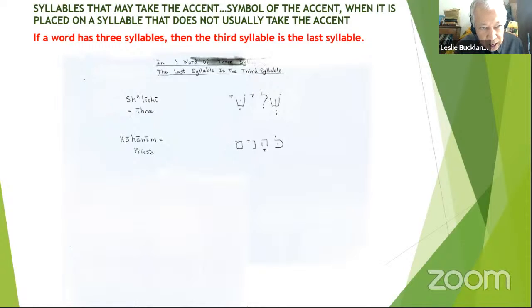Ko, ha, neem, a three-syllable word. Notice you do not see any accent symbol there, because it is understood that the last syllable, neem, is to receive the accent, even though the symbol is not there.